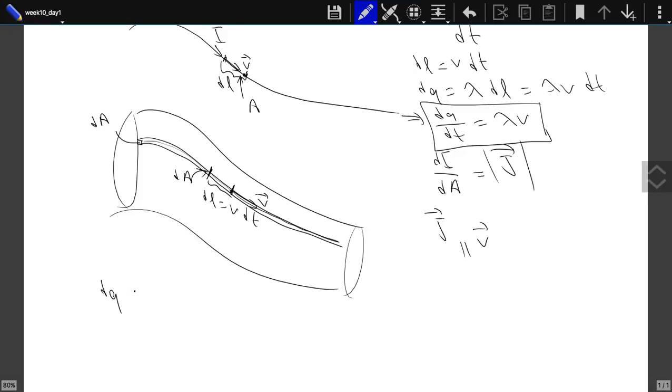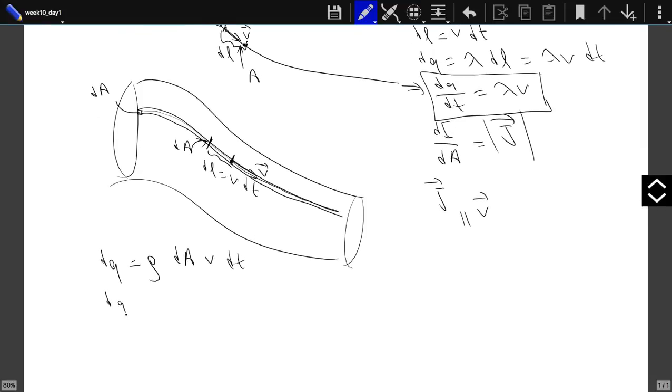So the total number of charges within that volume is nothing but the volume density times the volume of that segment. Well, the volume is nothing but dA times the length, dA v dt. So dq by dt is nothing but the current passing through that point. If we divide it also by the area, this is the current density. And this is equal to rho times v.